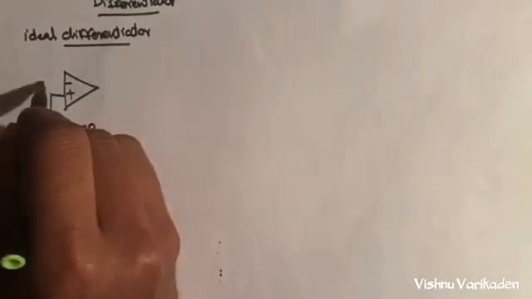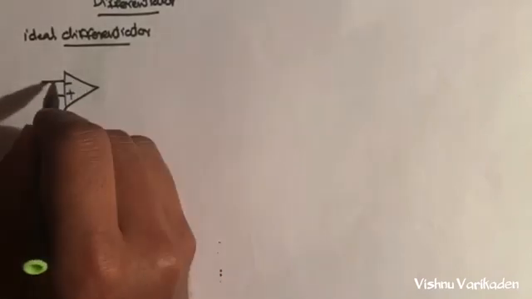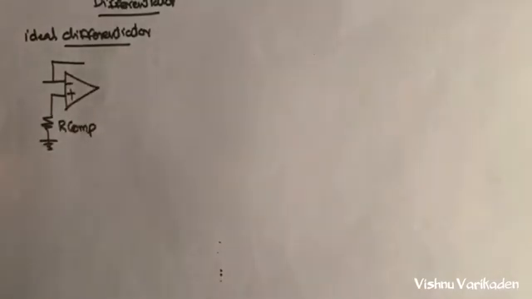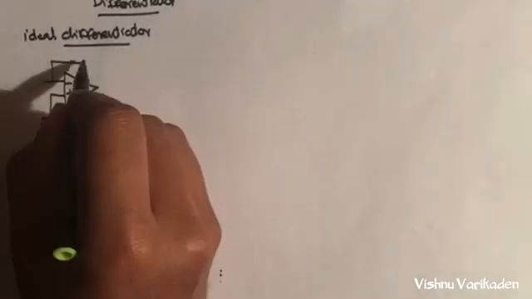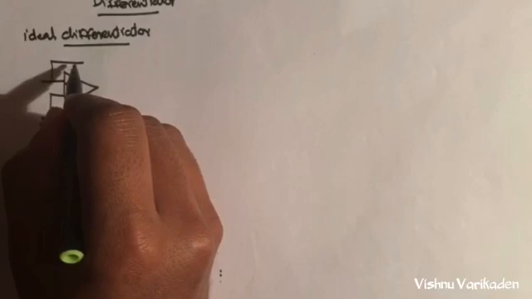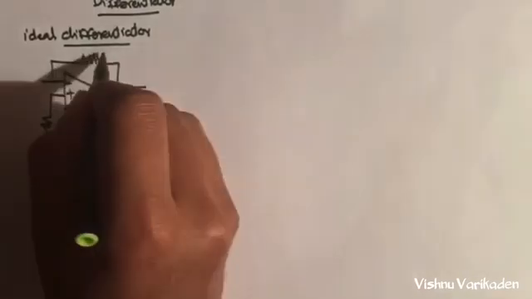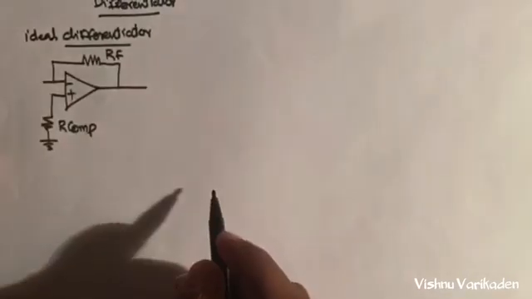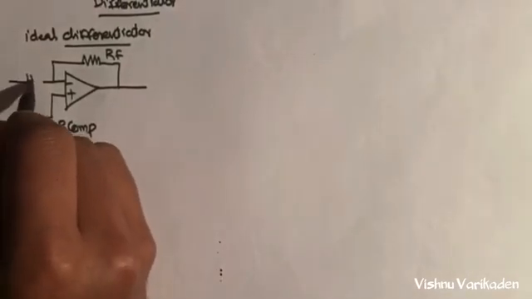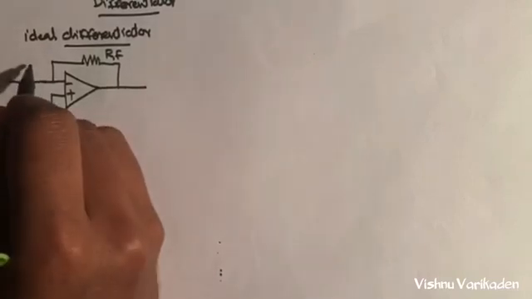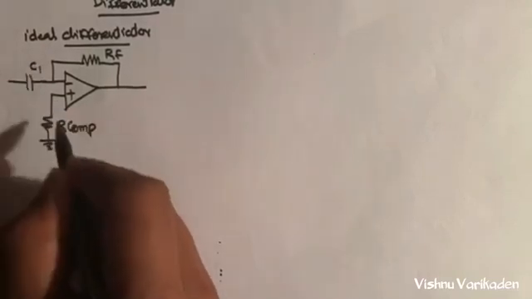So now we can interchange the components in the integrator. That is the RF, and the capacitor is in the input stage, that we will call C1.